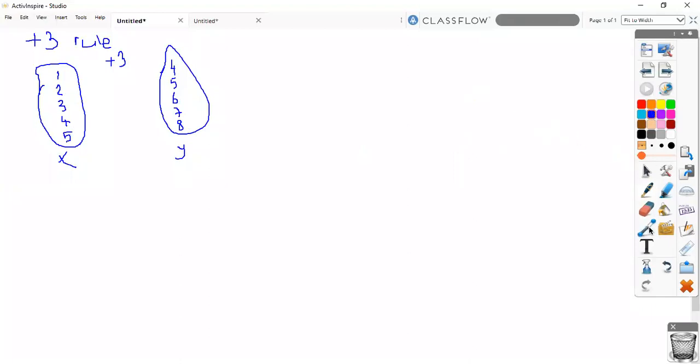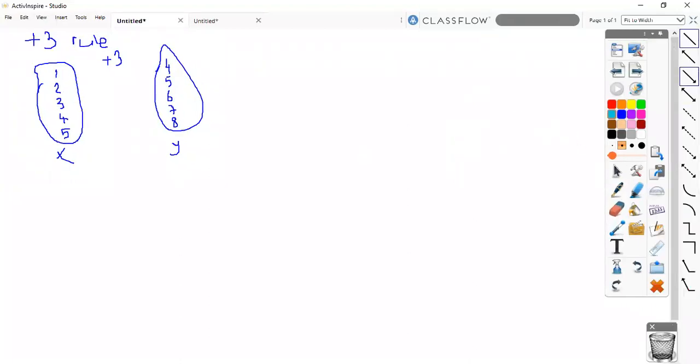Here we can show it in this form. Now 1 went to 4, 2 went to 5, 3 went to 6, 4 went to 7, and 5 went to 8. Now can we show this one in another way?